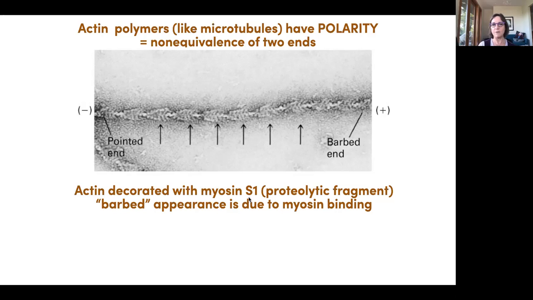Myosins are a large family of motor proteins that walk along actin. It was discovered many decades ago that if you take a small fragment from one of these myosins, it will bind to the actin filaments in a way that gives this barbed appearance in the electron microscope. And so people realized that the plus end was equivalent to what they call the barbed end when the actin filaments are decorated with these myosin fragments, and the other end is called the pointed end or the minus end.